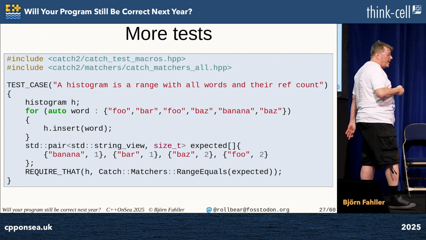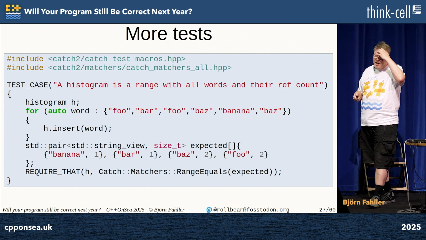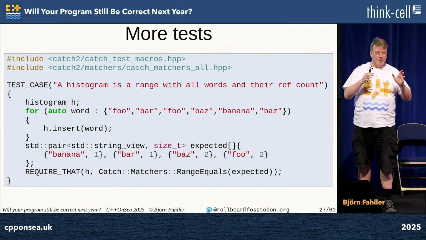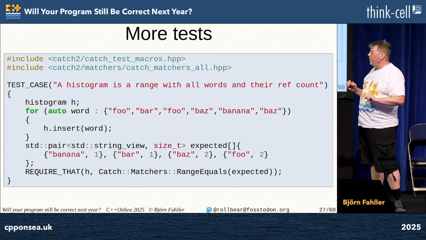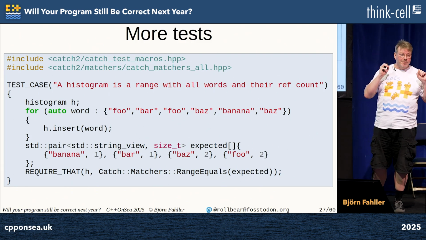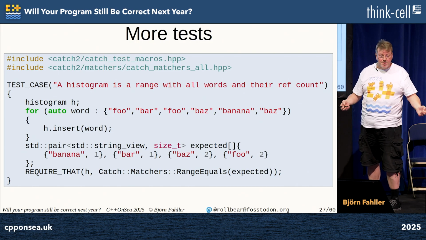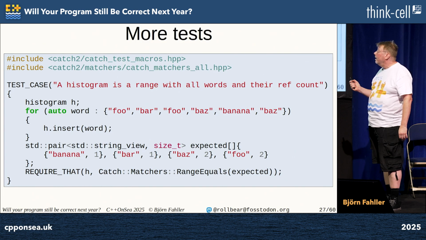I'm bravely changing to another unit testing framework, Catch2. Catch2 and doctest: for simple tests, the test sources will look exactly the same. But Catch2 has a bunch of matchers that are useful for matching ranges of values.